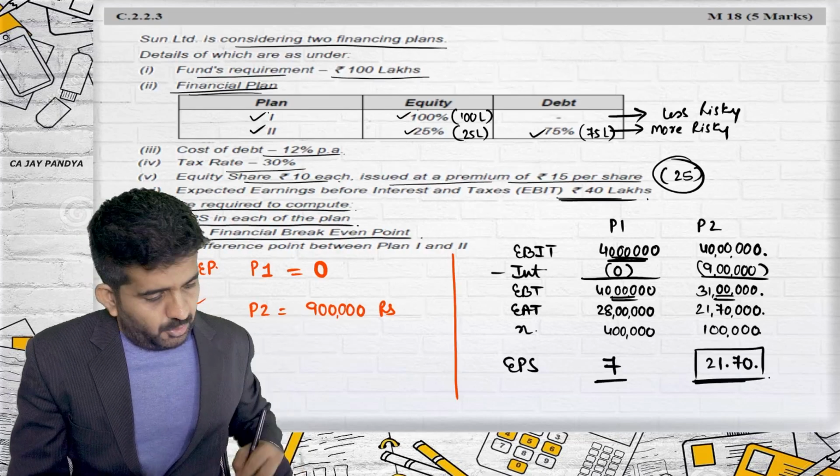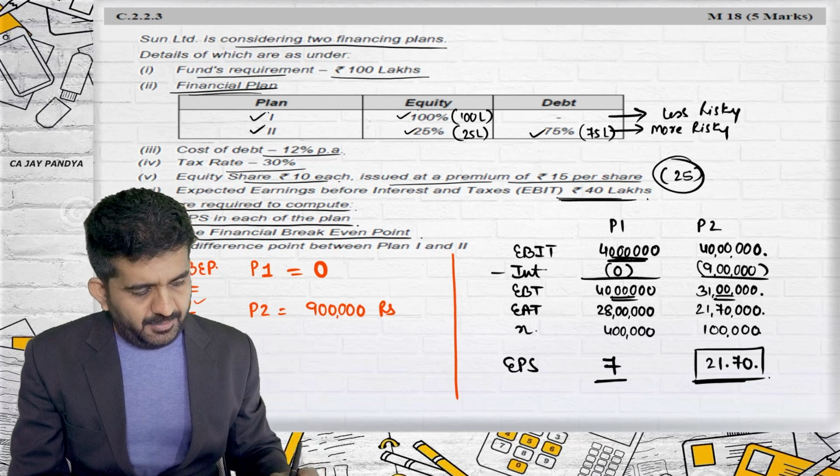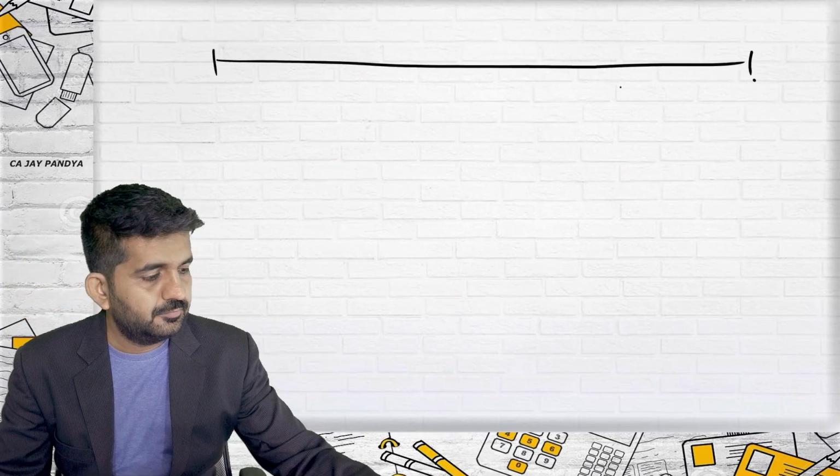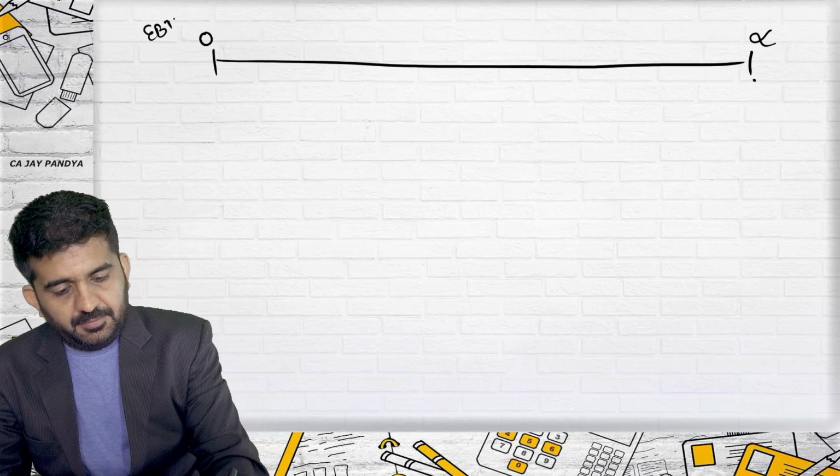So let me write down all the answers on a number line for point number 2 and point number 3. Zero, infinite, EBIT.